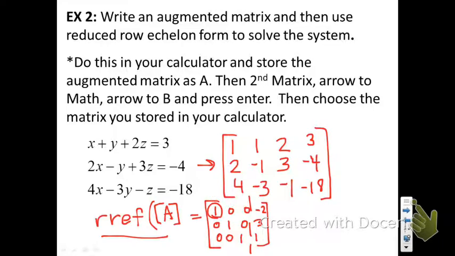So the x represents our value for x. So it becomes -2, 3, 1. So if you remember, that's the x, this is the y, and this is the z, and that's what each of them equals.